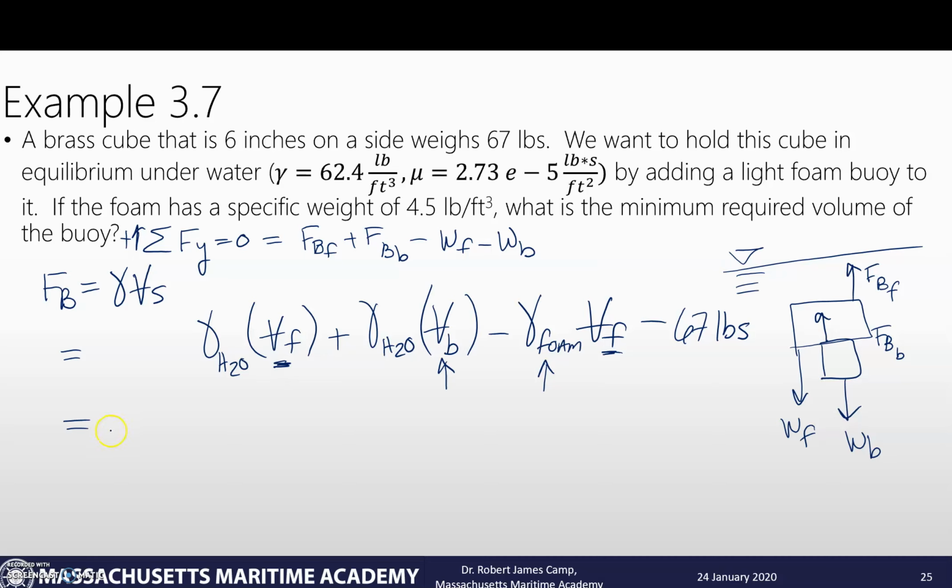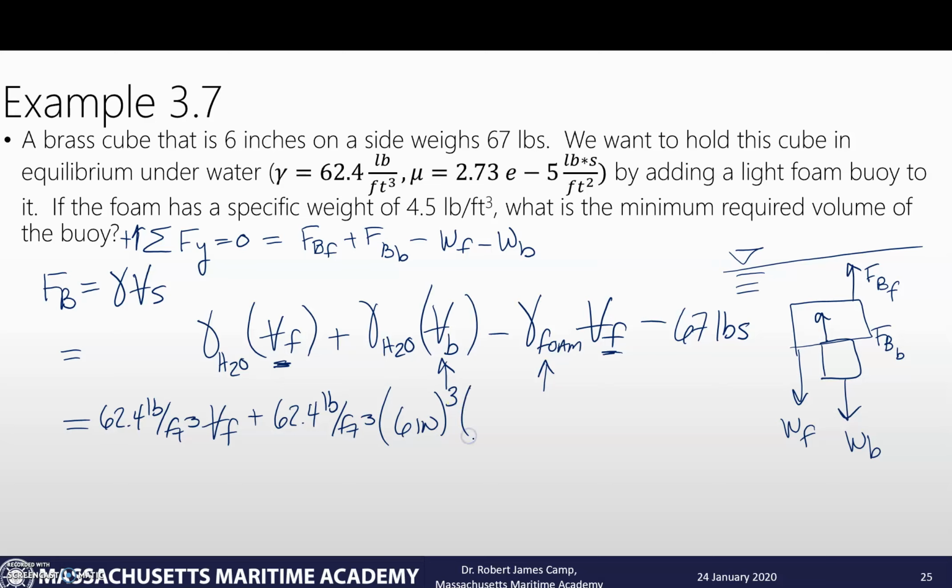So the gamma of H2O, 62.4 pounds per cubic foot times the volume of the foam, plus 62.4 pounds per cubic foot times the volume of the brass. What's the brass? The brass is 6 inches on a side, and it's a cube, so we're going to raise that to the third power. I want to put that into cubic feet, because everything else is in cubic feet.